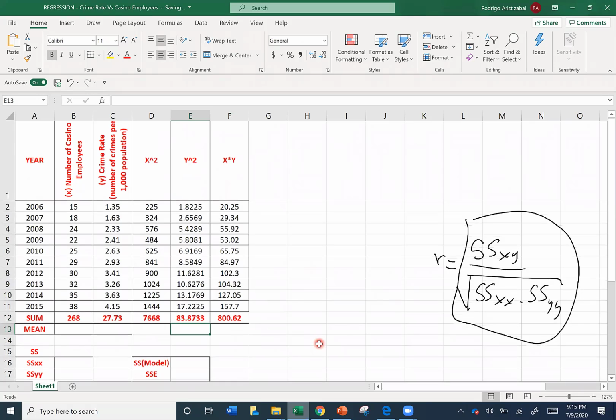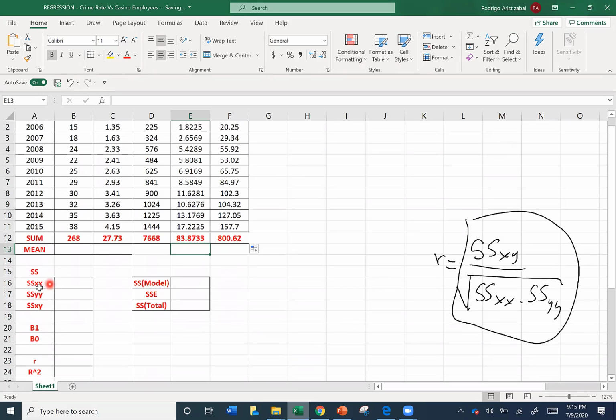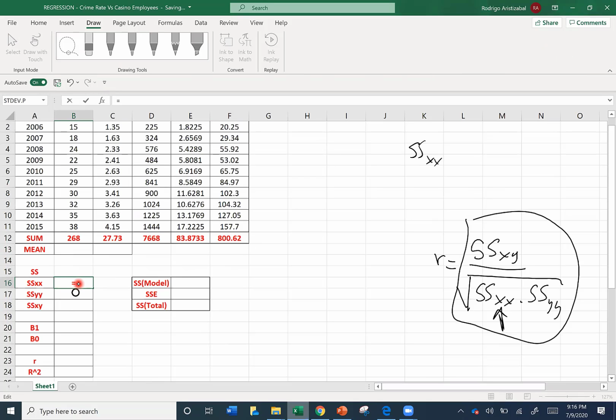Then how can we compute the sum of squares of xx? Remember, the sum of squares of xx is given by the sum of all x squared minus the sum of all x, squared, divided by n. How much information do we have here?